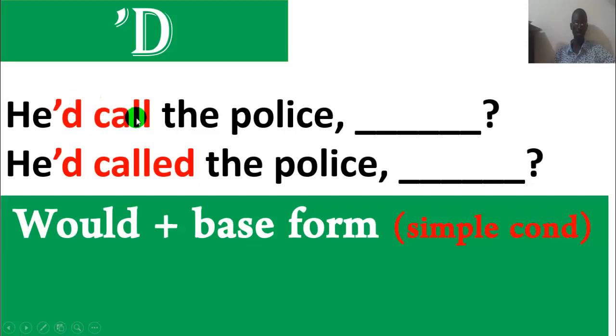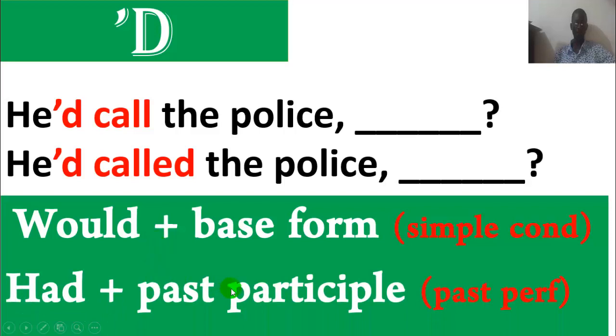But when you have had plus past participle, it is a past perfect. Had called. So normally here it is would call and here it is had called. Parce que l'apostrophe D peut remplacer had, peut aussi remplacer would. Donc pour contracter would, c'est apostrophe D. Pour contracter aussi had, c'est apostrophe D.